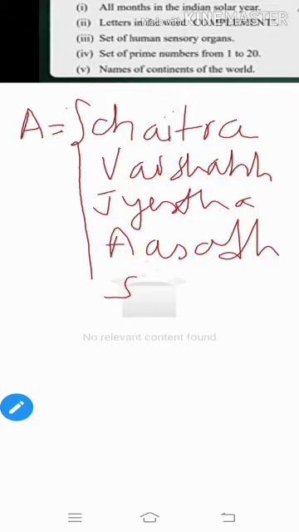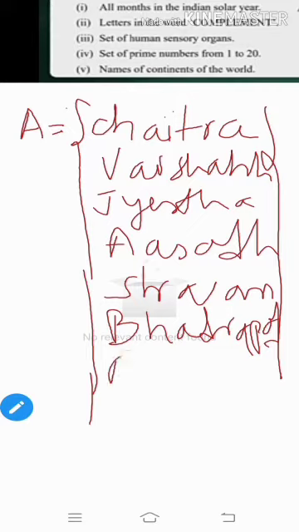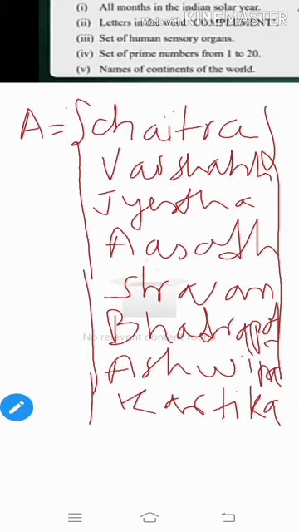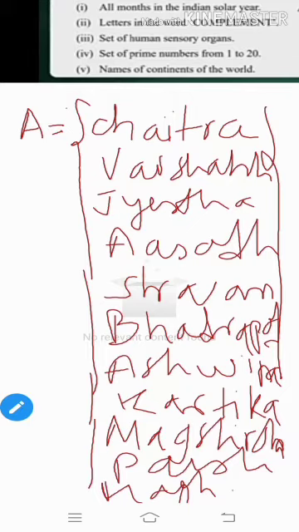Fifth one is Shravan. Then Bhadrapad, Ashwin, Kartik, Margashirsh, and three more months are there: Paush, Magh, and Falgun.